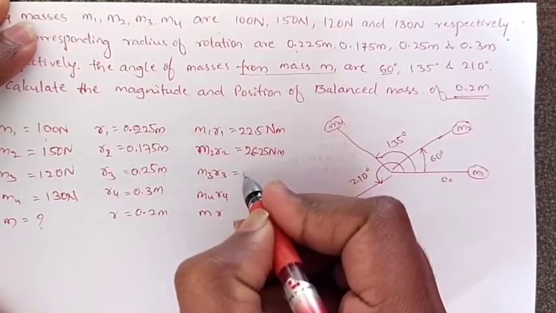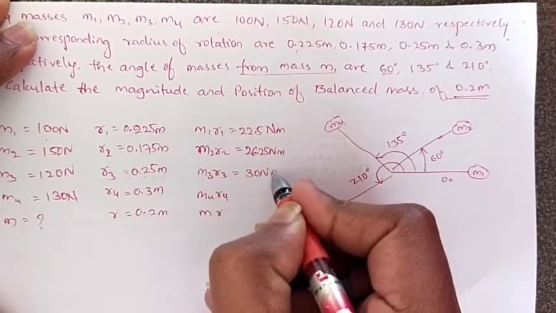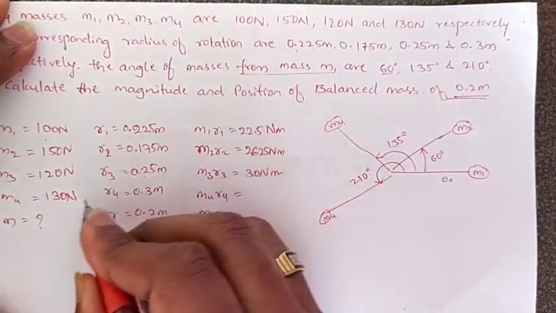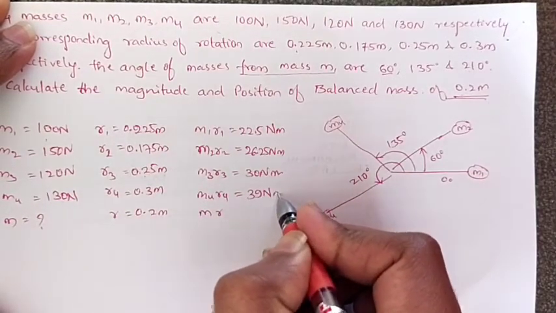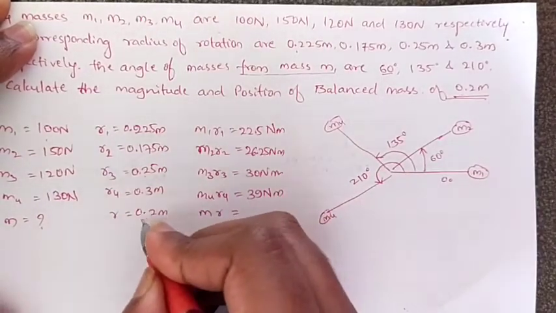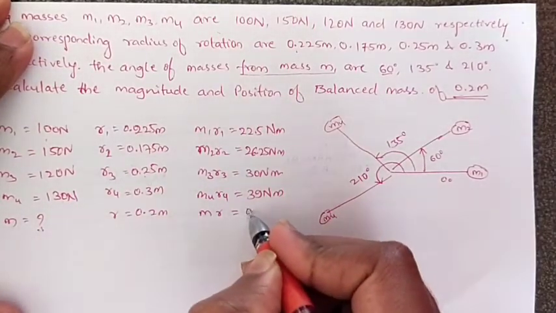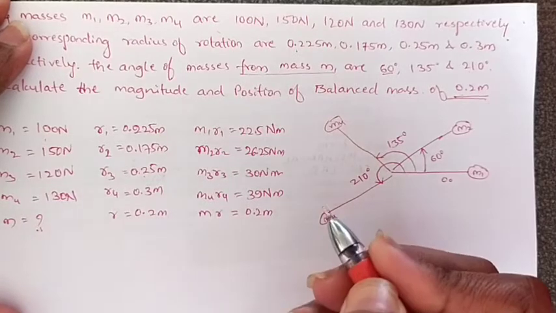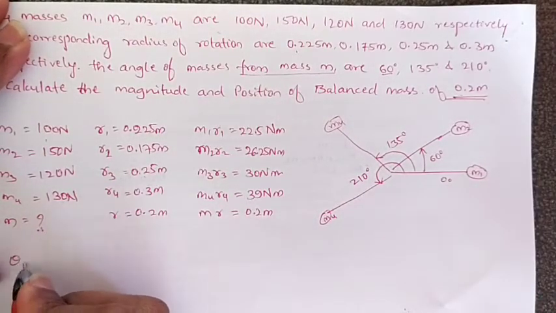M3 R3, when you multiply, you will get 30 Newton meter. And when you multiply 130 into 0.3, you will get 39 Newton meter. Now when you multiply M into R, the M value you need to find, so M into R will be 0.2 M.